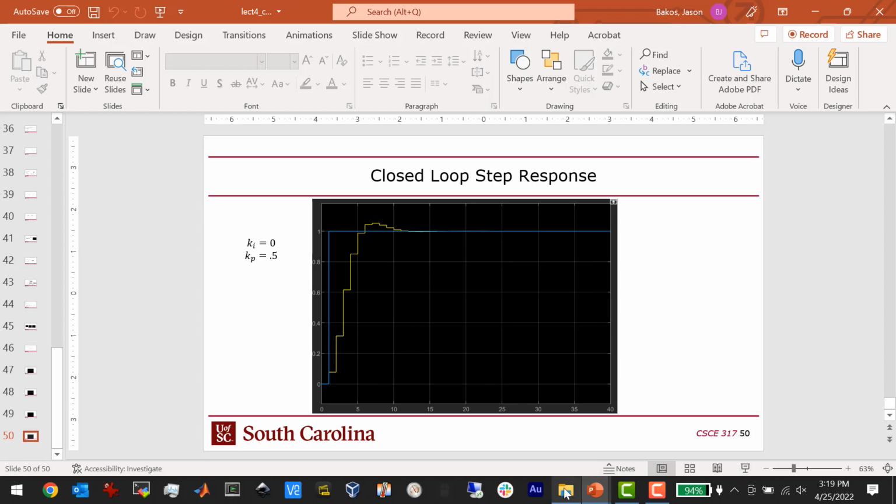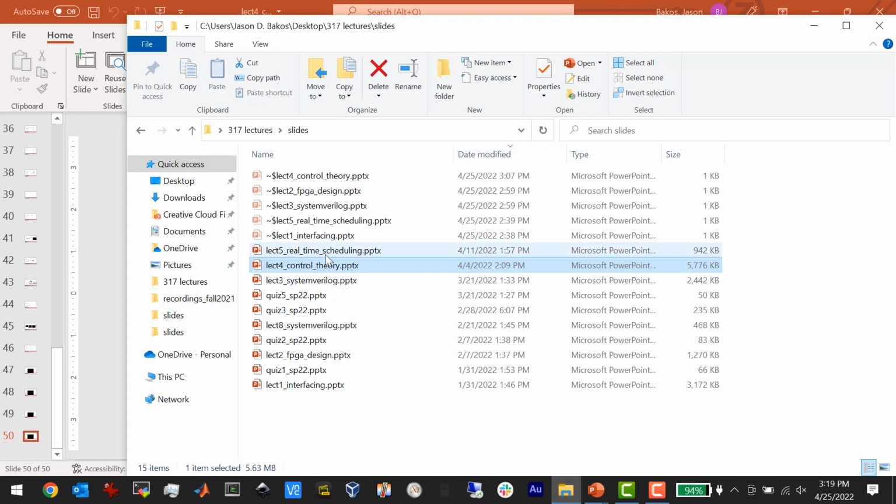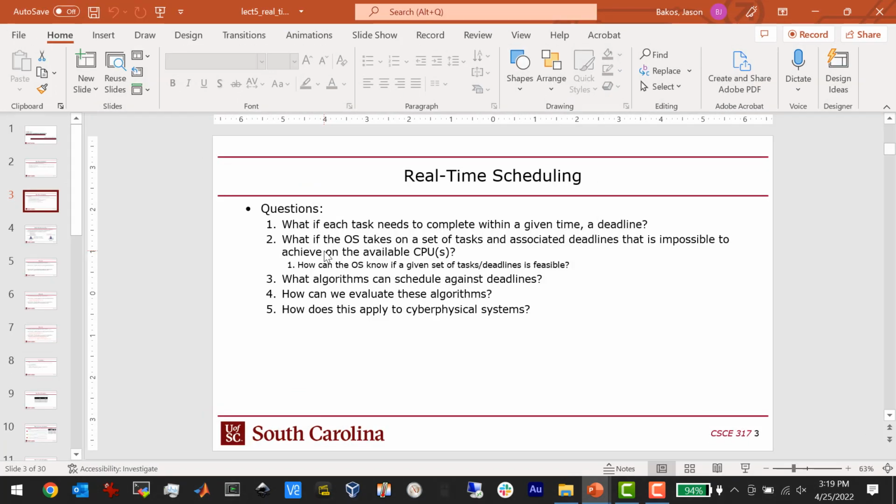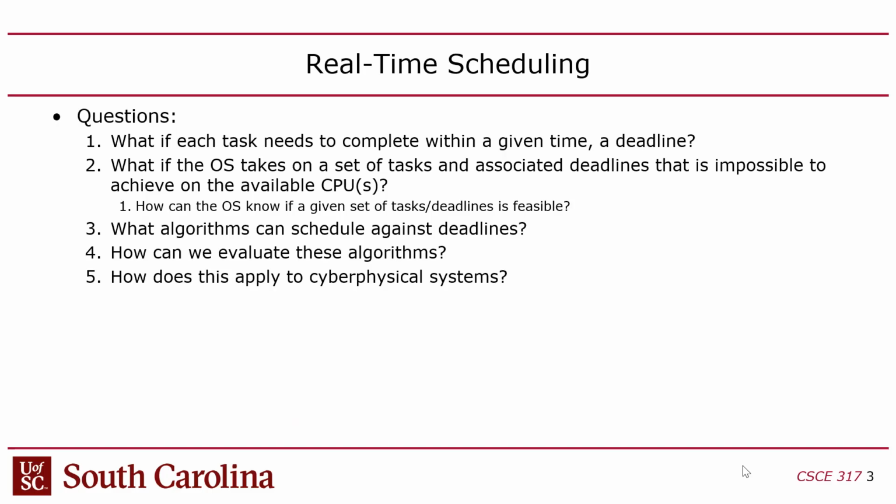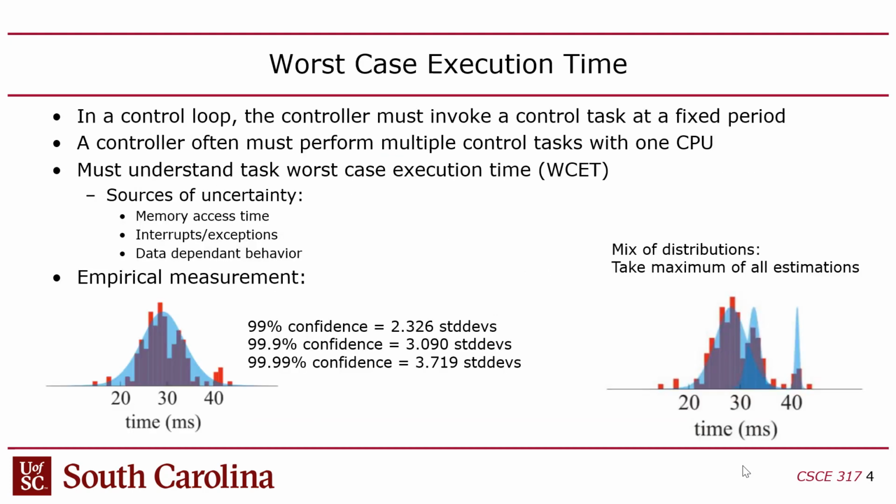And then I think the last topic was real-time scheduling, which we just got done going over the quiz. One thing I didn't mention in the quiz is this idea of worst-case execution time. There's really no way to tell how long a task takes to run on a CPU.